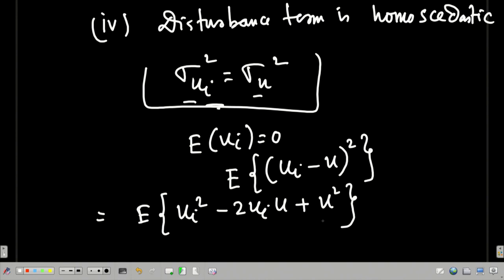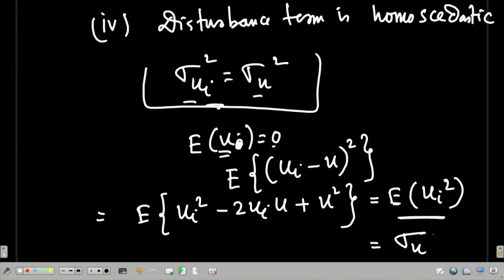Because the expectation of u is 0, only the first term remains. I should actually write expectation of u, not ui. With this we can say it is a case of constant variance, which is sigma u square. So, this expectation of the variance is going to be constant.